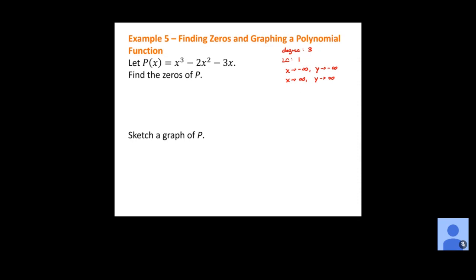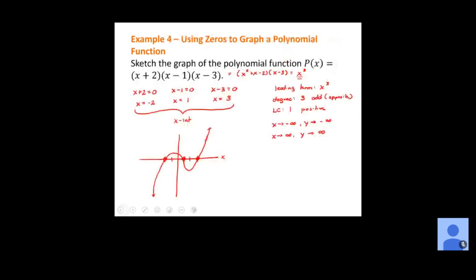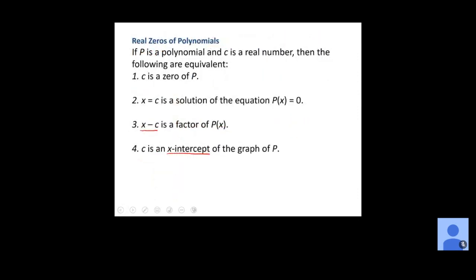All right, now let's talk about the zeros. How can we find the zeros this time? We have to factor, good, because remember, if c is a zero of our polynomial, that means that x minus c has to be a factor.